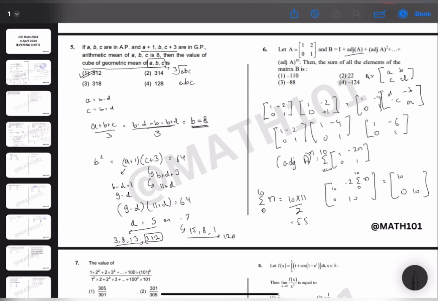And so minus 2 times this is minus 110. Sorry, we'll have 11 here. So the sum would be minus 88.